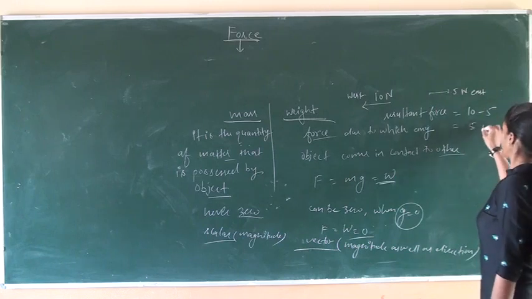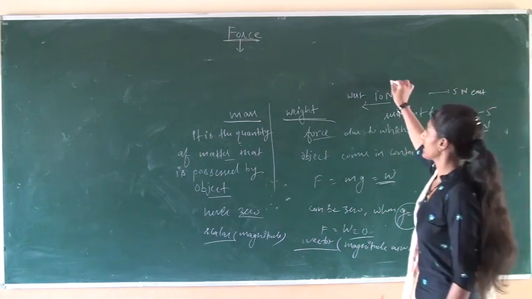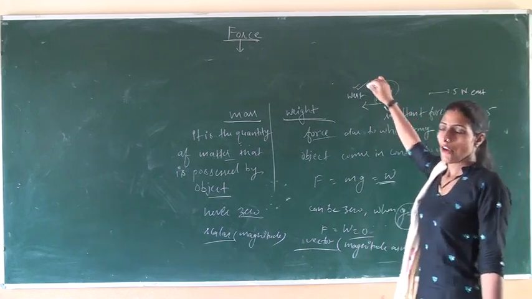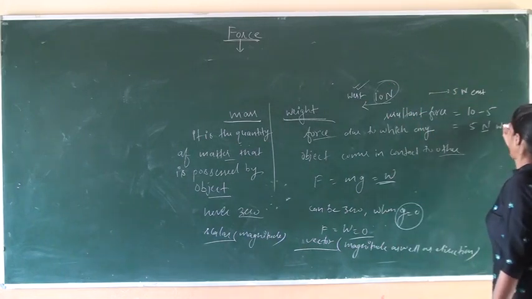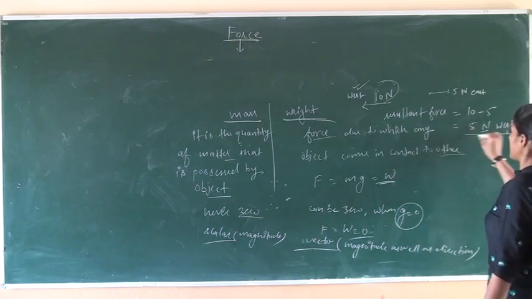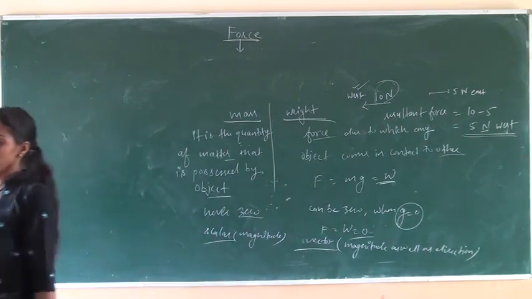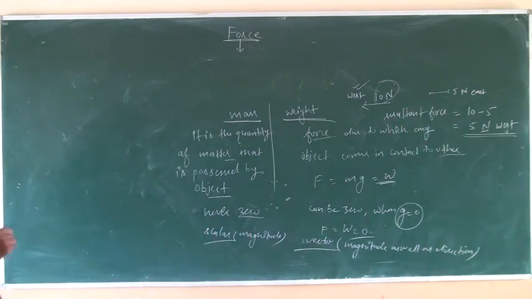So 5 Newton, but in which direction? In west direction, because the larger force is in the west direction. So 5 Newton in west. This is our answer. Okay? This is the basic difference.